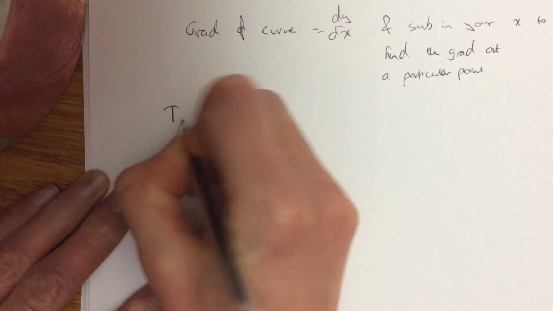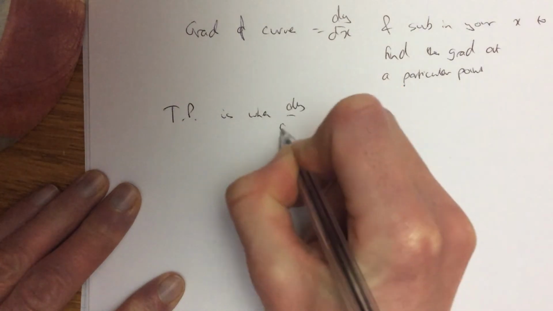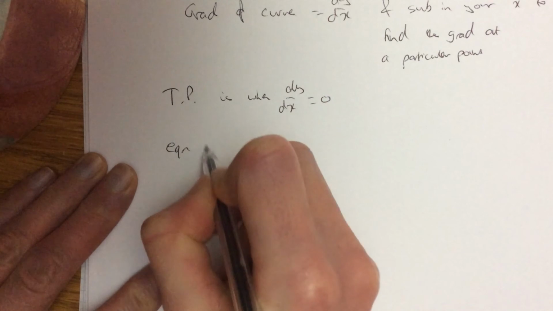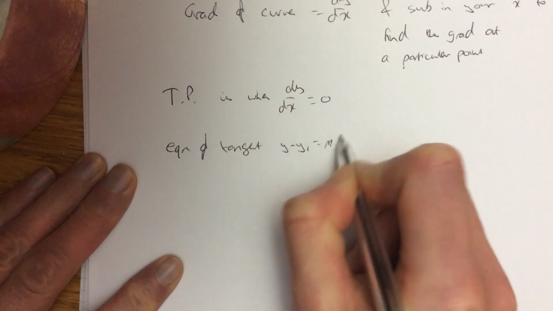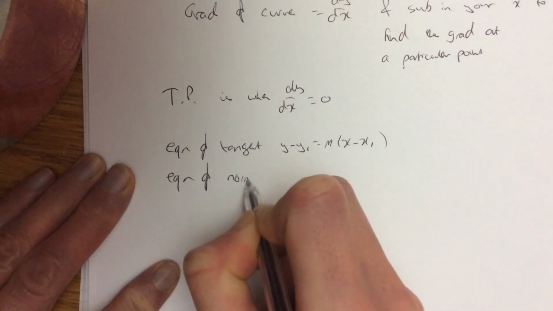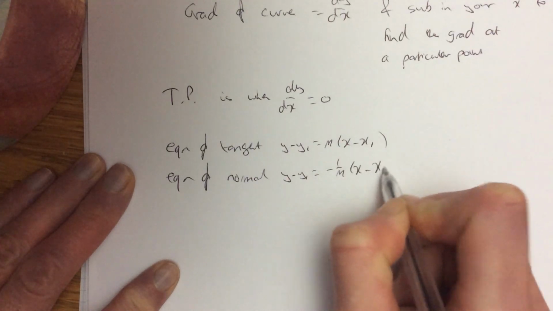The next thing, a turning point is when dy by dx equals 0. And then the other two things, equation of a tangent is y minus y1 equals m(x minus x1), and the equation of a normal is y minus y1 equals minus 1 over m, (x minus x1).